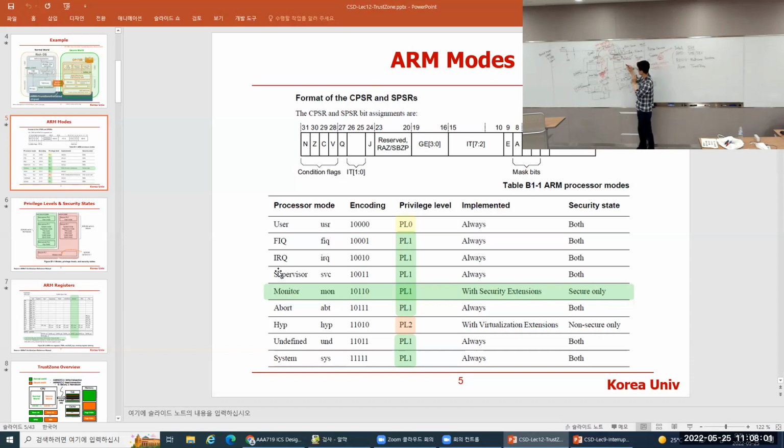If the SMC call is coming from secure world, then the monitor mode software checks the SCR system register, and the NS bit is 0, because that call came from the secure world. Then the push operation should be done to the secure world state, and the pop operation, because you have to resume, should be done from the normal world state.